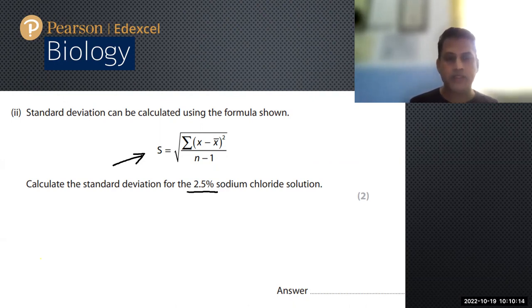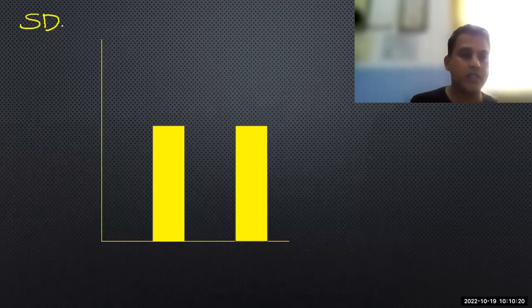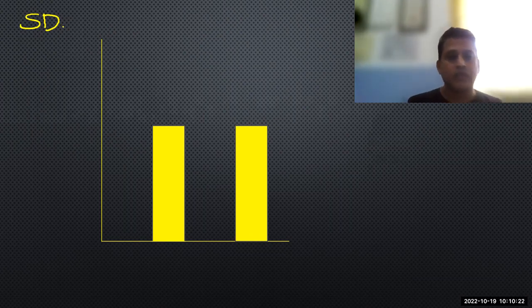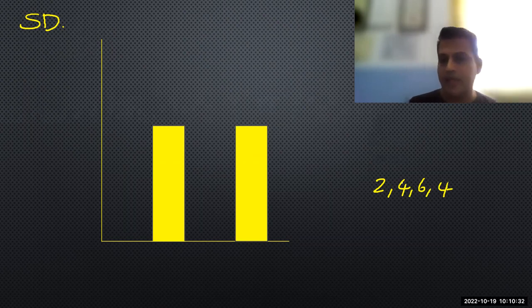Before we try to calculate the standard deviation, we try to understand what the standard deviation is. I take these numbers 2, 4, 6, 4. These numbers are the data taken from an experiment. So I have these readings, repeat 1, repeat 2, repeat 3 and repeat 4.